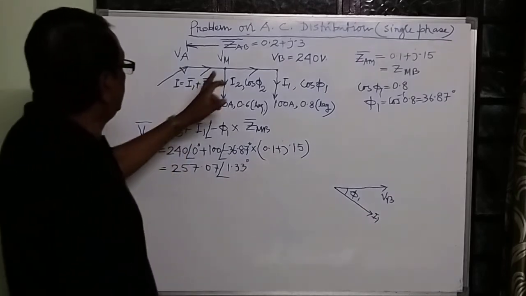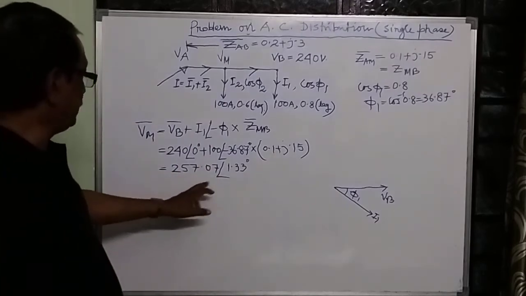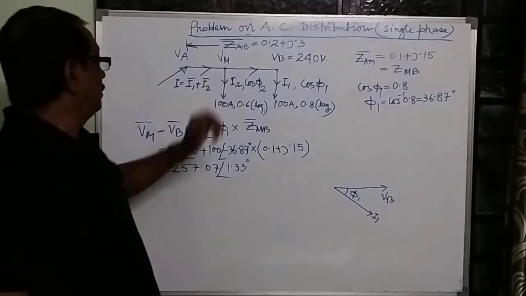Now the voltage across this point, Vm, equals 257.07.